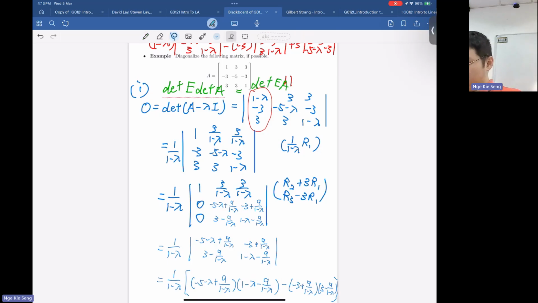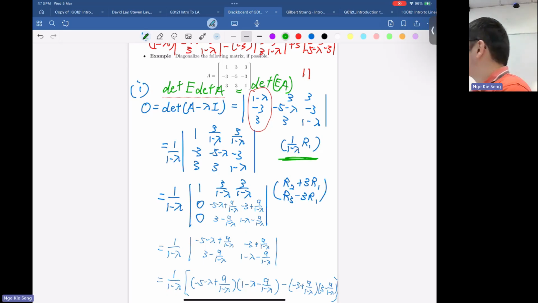We need to think about which one corresponds to EA, which to A, and which to E. E is what we do as our elementary row operation here, and A should be the A minus lambda I here.